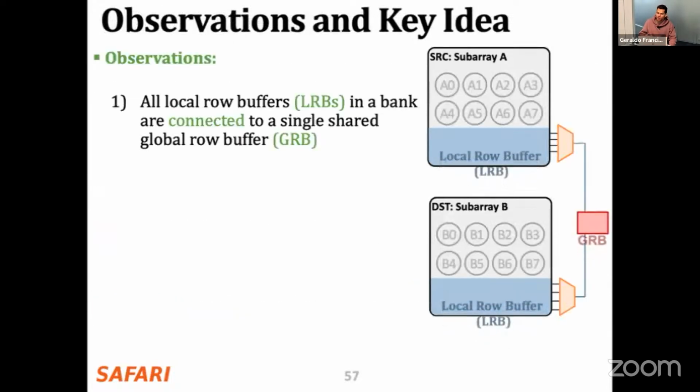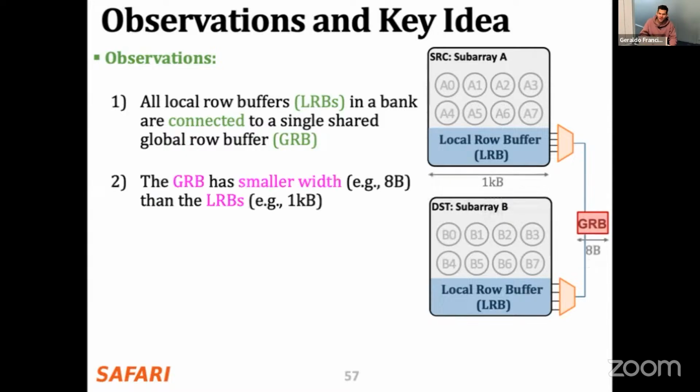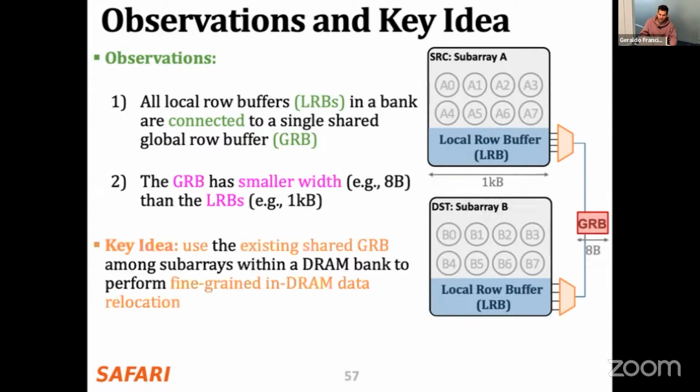So we are going to use these instructions to move one column of data from one DRAM subarray to another DRAM subarray. The first observation here is that all local buffers in a bank are connected to this single shared global buffer. The global buffer has a smaller width than the local buffer, and we can use this structure to move columns of data inside a single DRAM bank in a fine-grained manner.